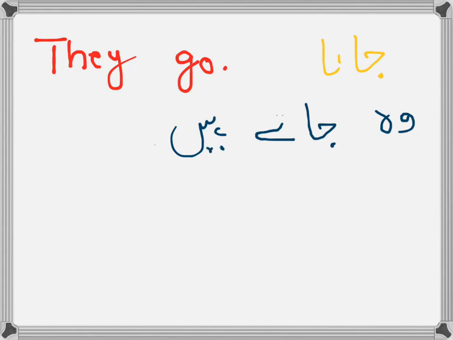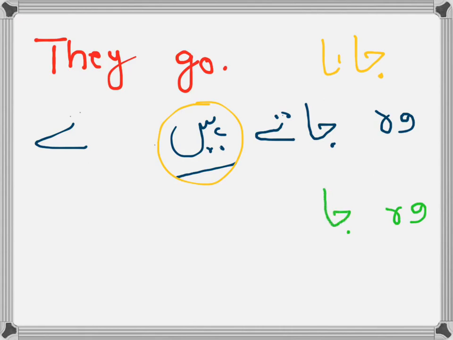If we are using the word for plural, then we add te. जाता है is one person. वो जाते हैं is for more than one person. And if we are talking about female, then we say वो जाती हैं. वो जाते हैं and वो जाती हैं. ते, ती.